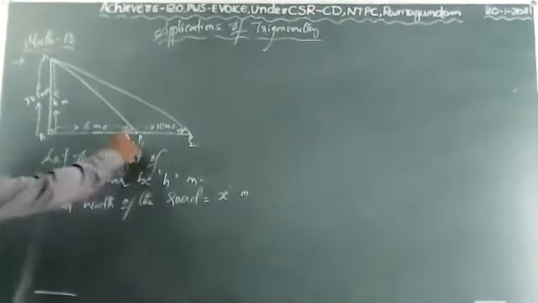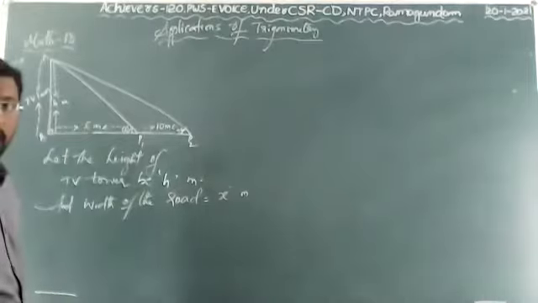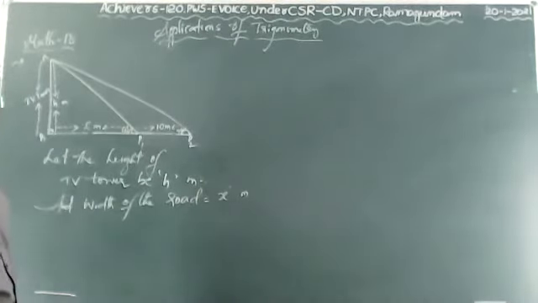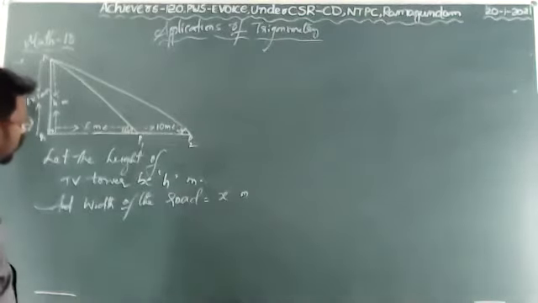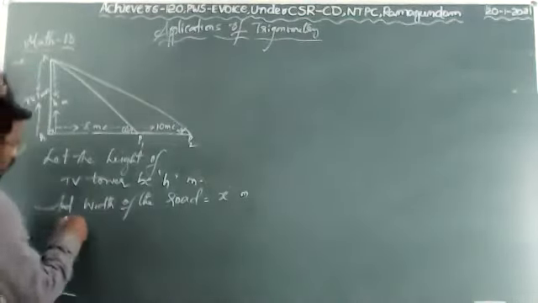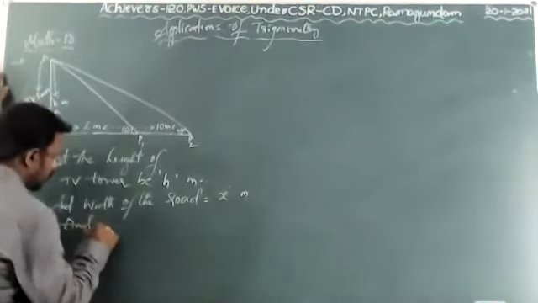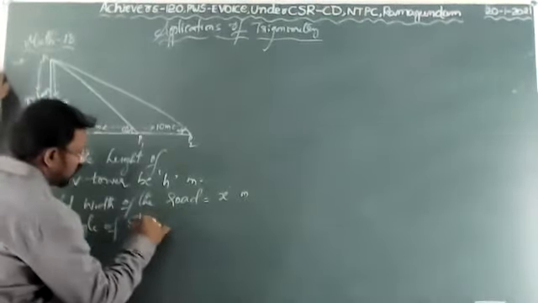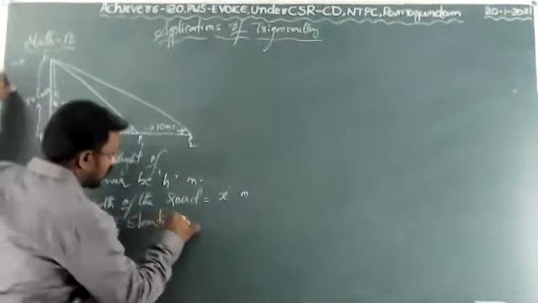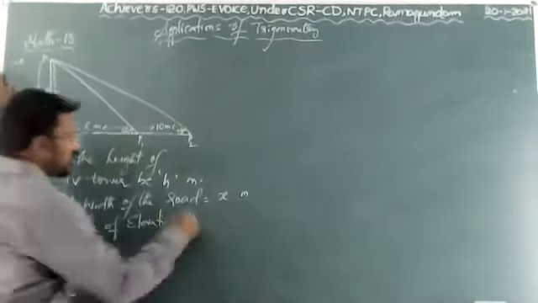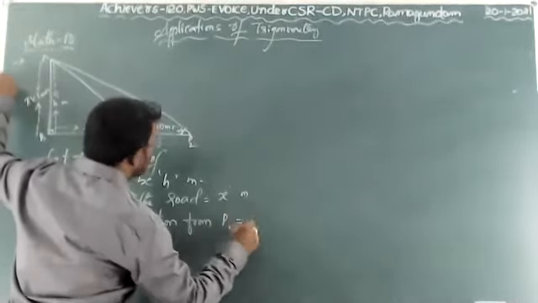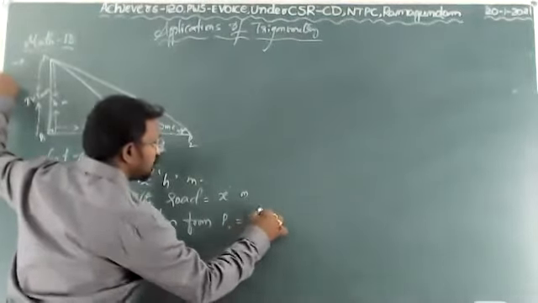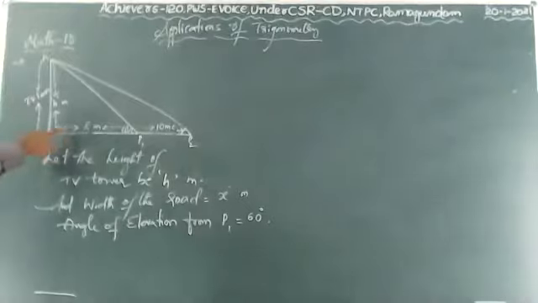Let us take the two points to be P1 and P2. Angle of elevation from P1 is equal to 60 degrees.